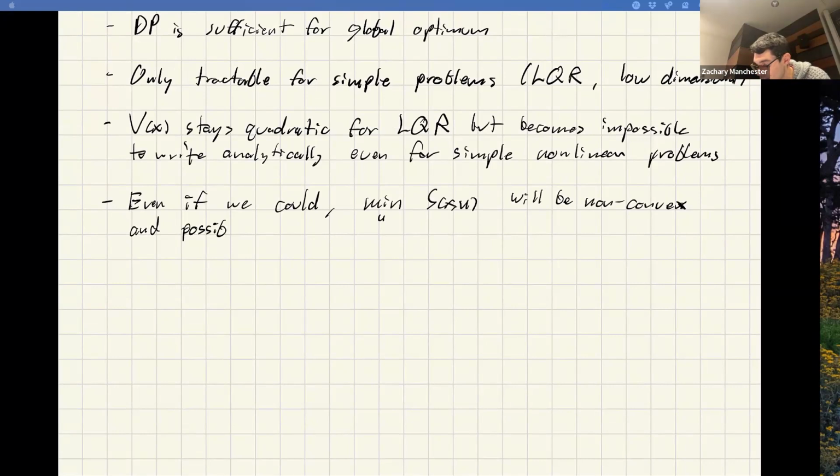So even that could be intractable. And then if you use some function approximator to approximate the V in this thing, the cost of doing that blows up combinatorially, exponentially in the state dimension, because you're essentially trying to interpolate over a very, very high dimensional vector space. So that's bad.